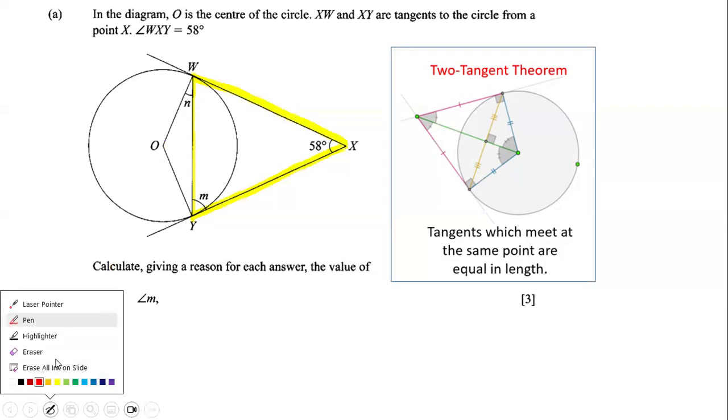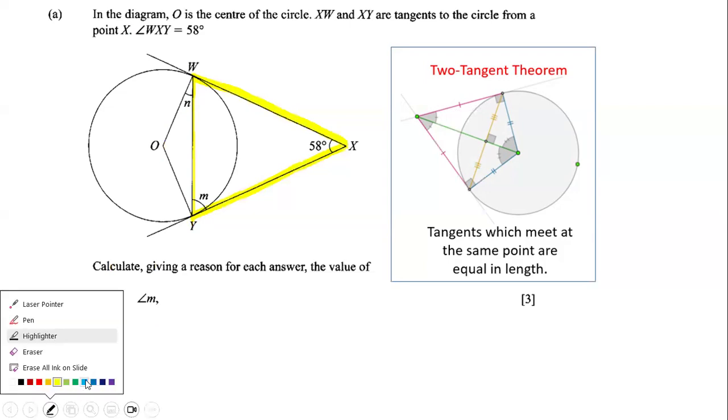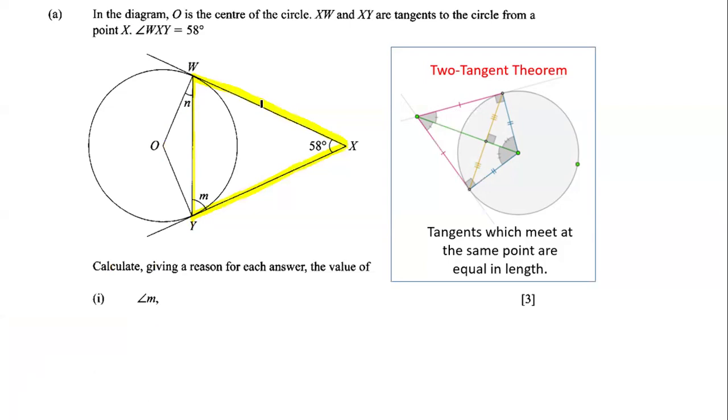We have that this side, which is the tangent, is equal to this side, which is the next tangent, because they meet at the same point. And so these two sides are equal.